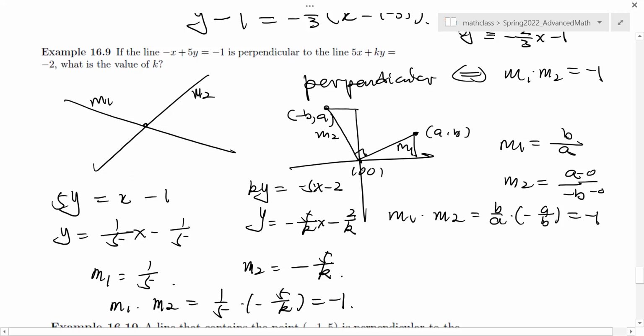I think k should be equal to 1. Right? k is going to be 1. Yes, the two slopes must have opposite signs: one is positive, the other must be negative. So from here, k is going to be 1, so they are perpendicular to each other.